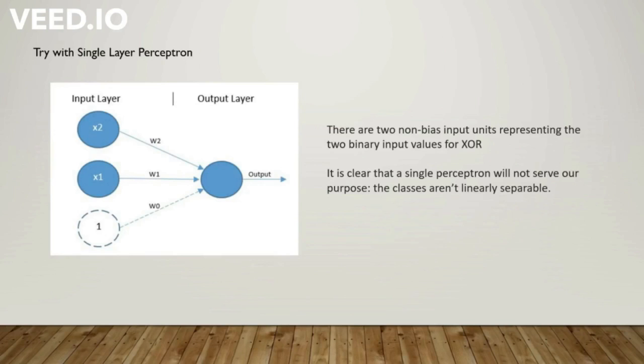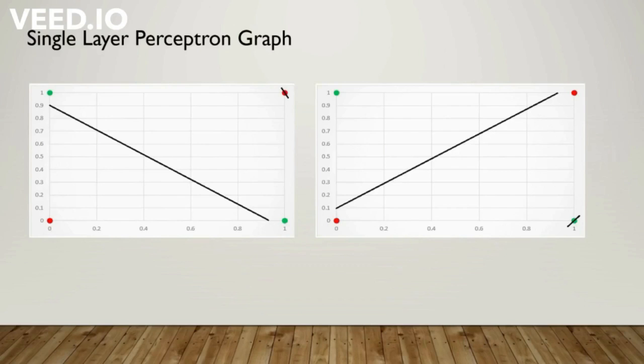If all data points on one side of the classification line are classified as 0, the opposite side is classified as 1. A limitation of this architecture is that it is only capable of separating data points with a single line. It is clear that a single perceptron will not serve our purpose, as XOR inputs are not linearly separable.